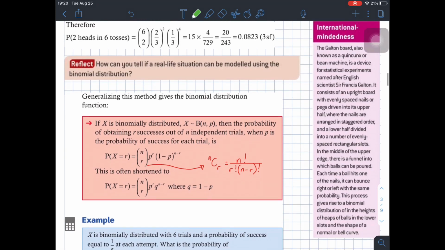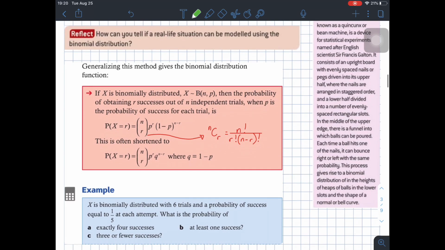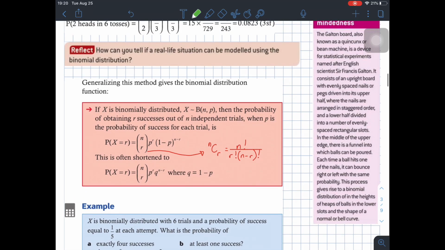Okay, so finally, generalizing this method gives the binomial distribution function. And this is the most important thing about this class. This formula, where does it come from? Well, all of the investigation we just did was to generalize the formula, which we can apply for any type of binomial distribution.